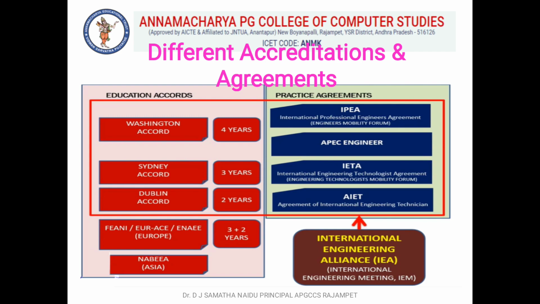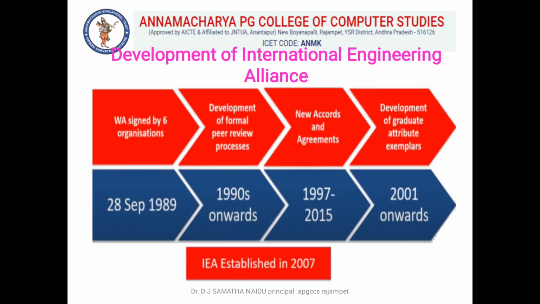In practice agreements, we have the IPEA, International Professional Engineers Agreement, mobilized by the Engineers Mobility Forum and the APEC Engineer, the IETA, International Engineering Technologist Agreement, and the AIET, an agreement of international engineering technicians. These different accreditations and agreements are taken into consideration while applying outcome based education.